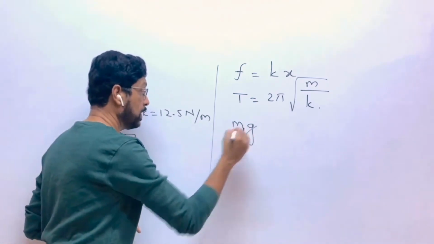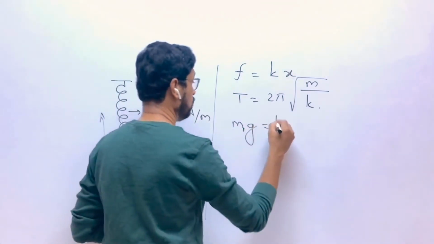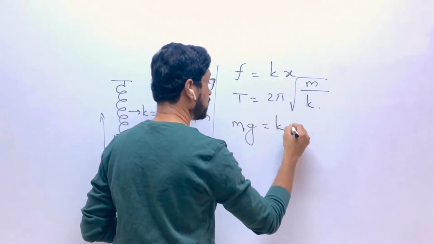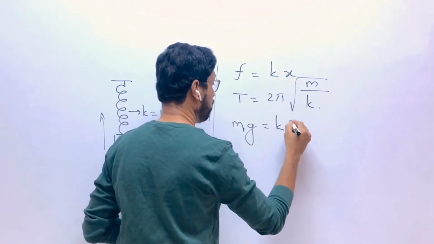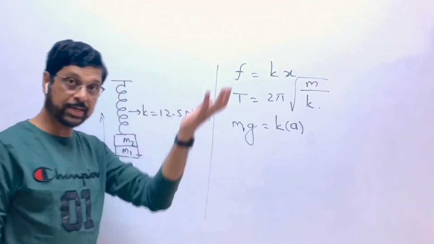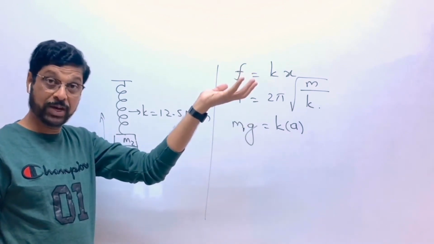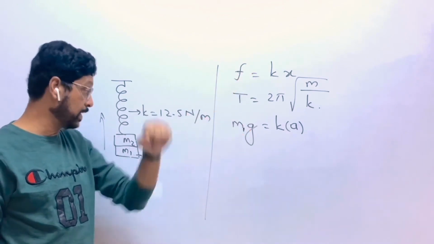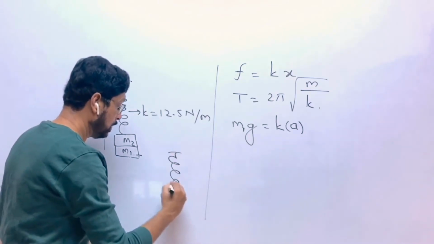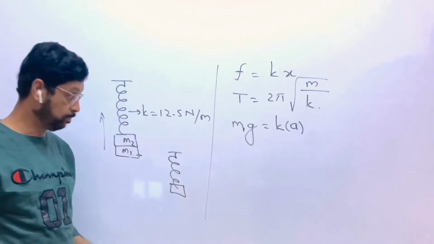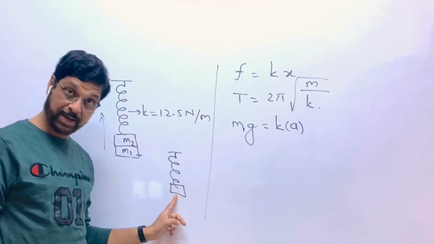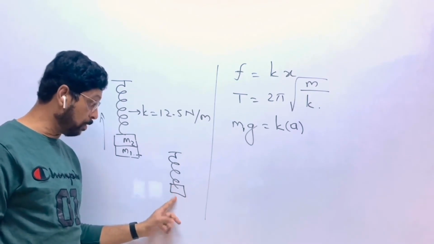So M1 g is equal to K into X, means here now amplitude. X is the change in length, right, due to reduction in mass, and that is amplitude. जैसे हमने कल देखा था कि suppose ये एक मास बंधा हुआ है, ये इक्विलिब्रियम पोजीशन में है, means it is not performing oscillation.